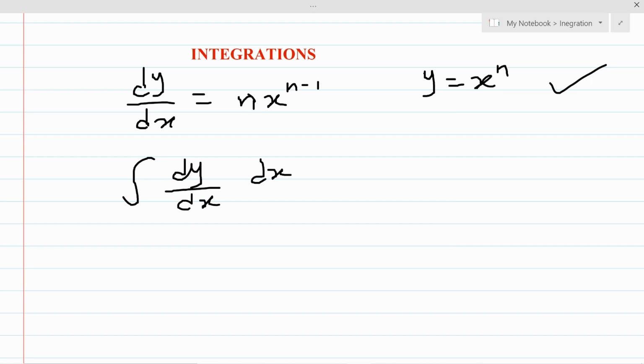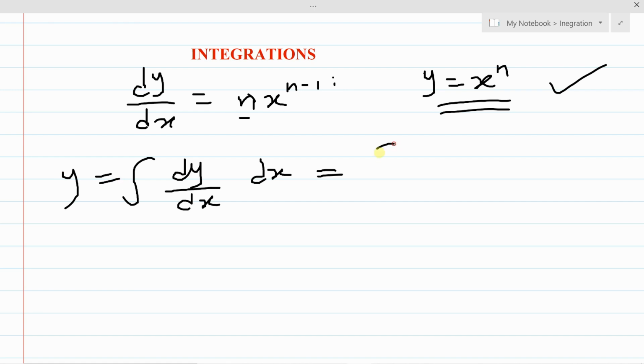Alright, if you could remember, this was the original function. Now we pre-multiplied the function by n and subtracted 1 from the power. We want to find this y equals x to the power n back. That is why we said you have to put the derivative inside, that is what we want to do for integration.